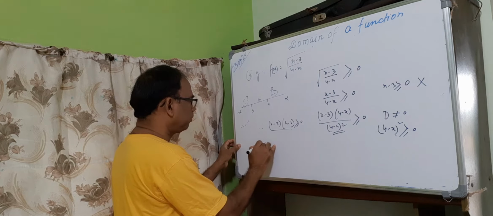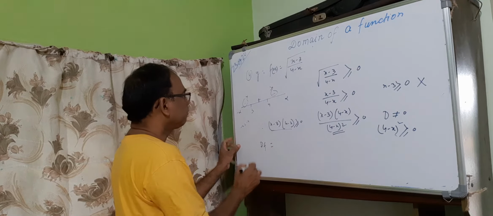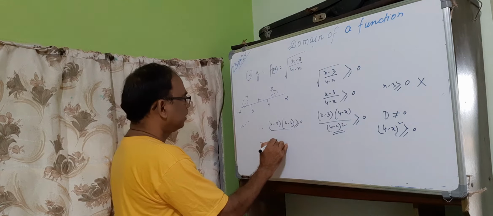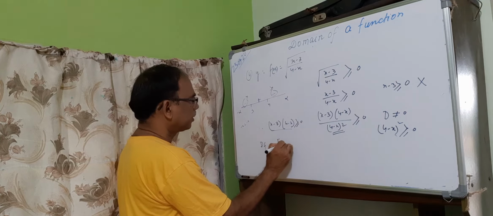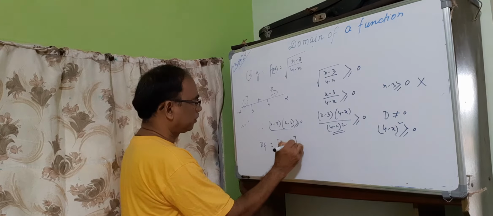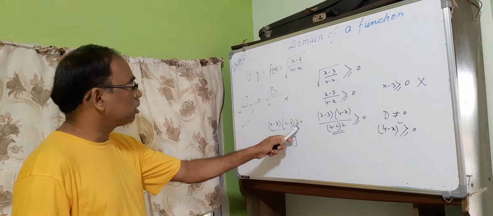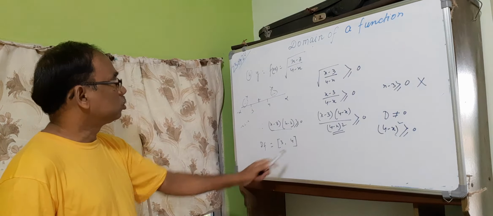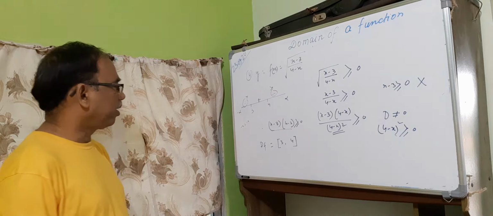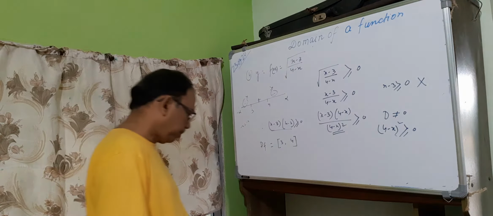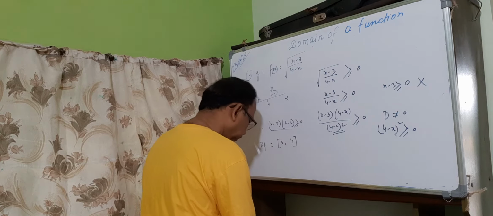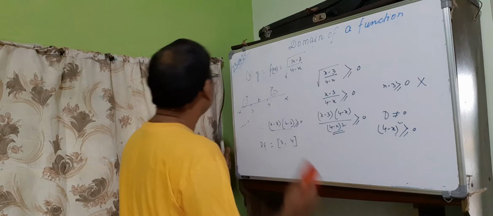Therefore, the domain of the function is within this interval, [3, 4]. Both are included because of the greater than or equal to sign. Now do the next one, sum number 5.